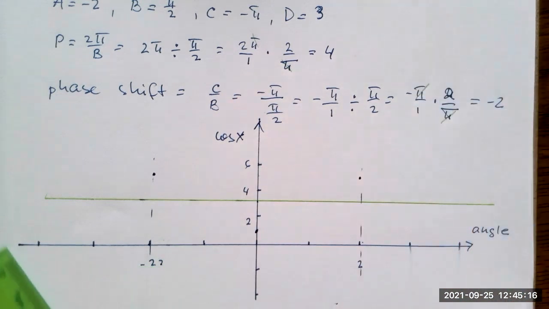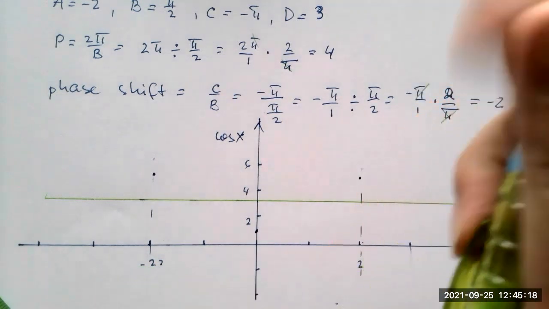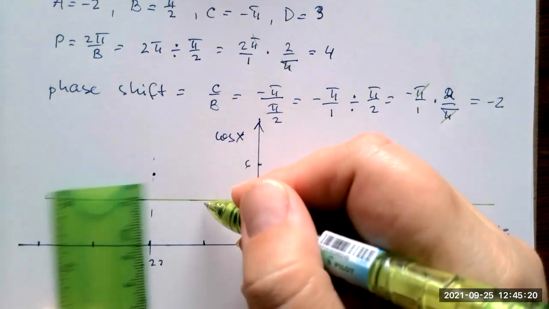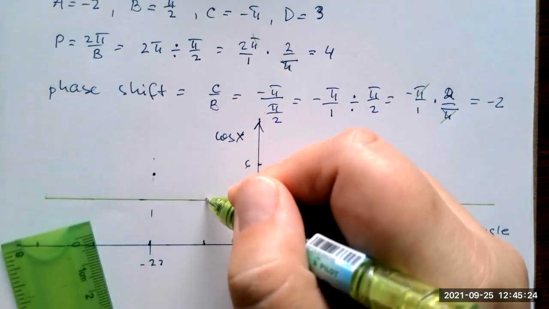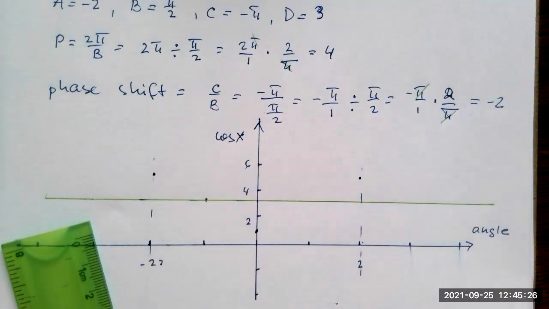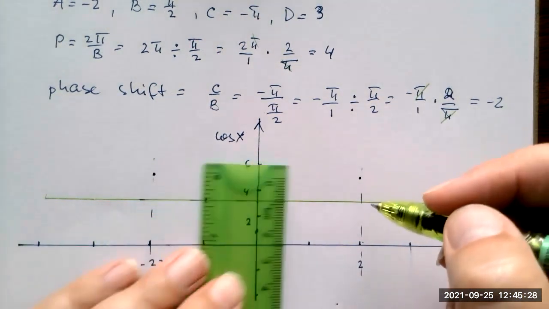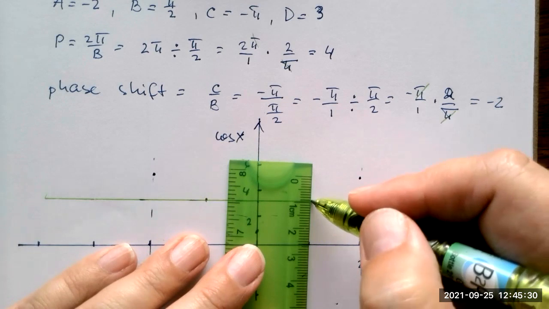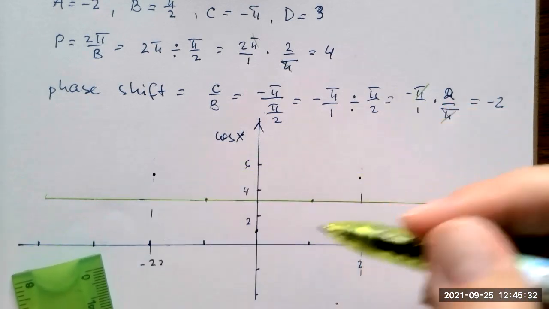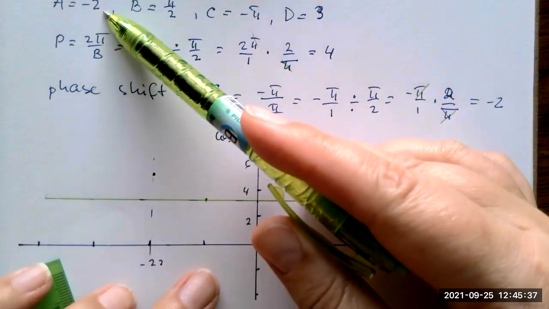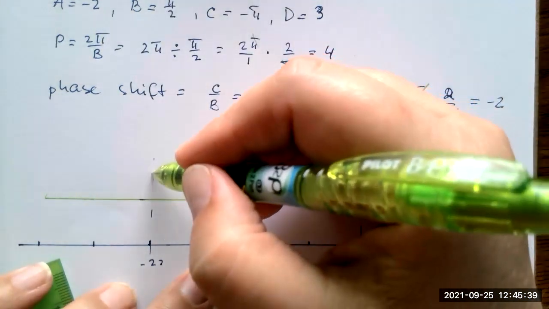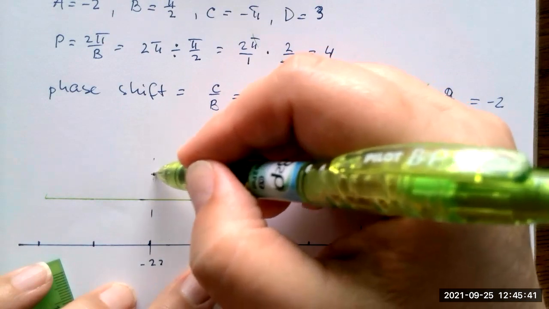It also crosses the midline a quarter way from the beginning and a quarter way before the end. So if I were to sketch this graph with amplitude +2, this is what it would look like.